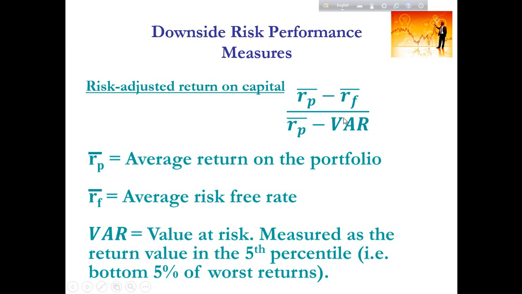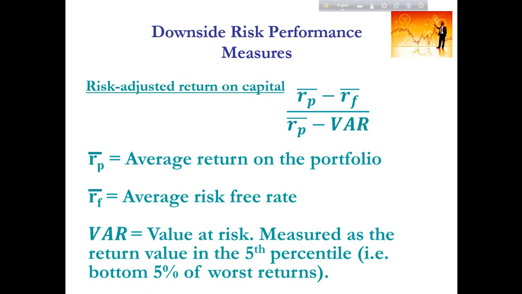So with the risk-adjusted return on capital measure, once again, we have excess return in the numerator. However, the denominator is the difference between the return on the portfolio and the 5% bar. The 5% bar being the 5th percentile of outcomes, the point where we start to get to the 5% of worst case scenarios.